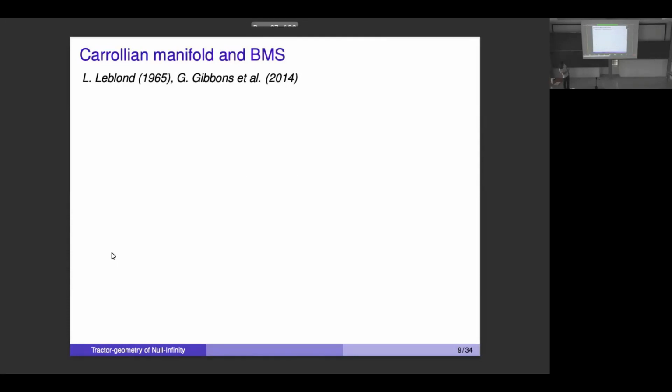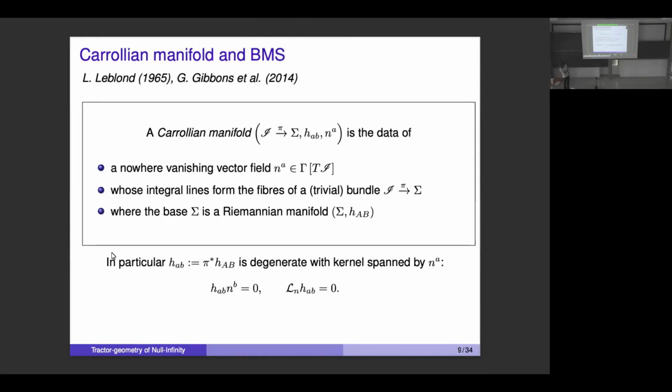Okay. And so then you can abstract this notion of Carrollian geometry. That's already what I told you on Friday. It goes back to Lévy-Leblond, and Gibbons, Duval and others gave some advertising for this notion, which I think was interesting. So you want to call a Carrollian manifold something where you have a nowhere vanishing vector field. You can look for the integral lines of this vector field, and you ask as a topological requirement that the total space is a trivial bundle for these lines.